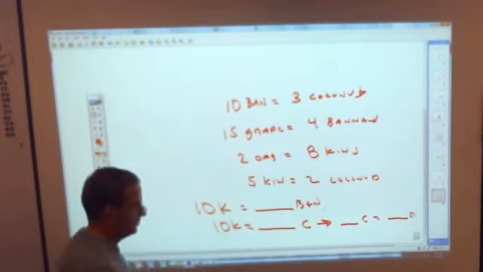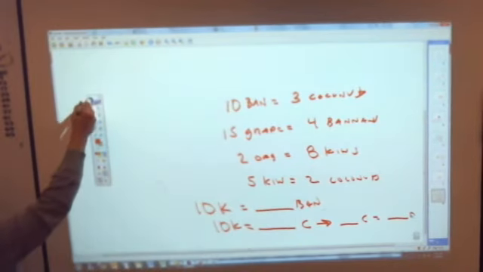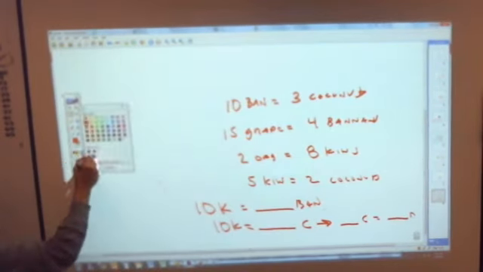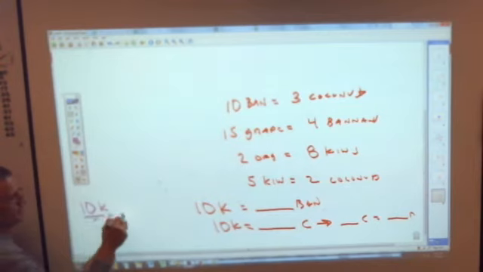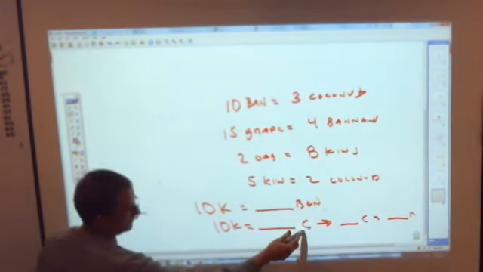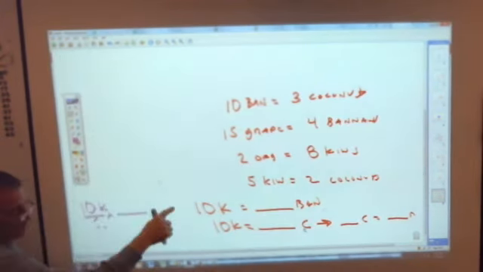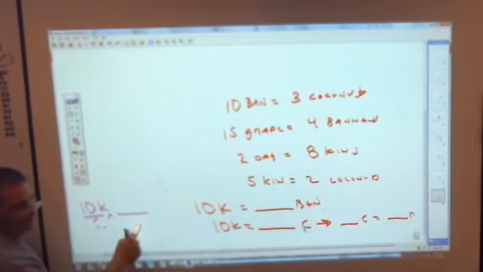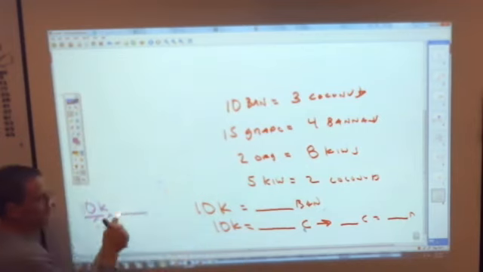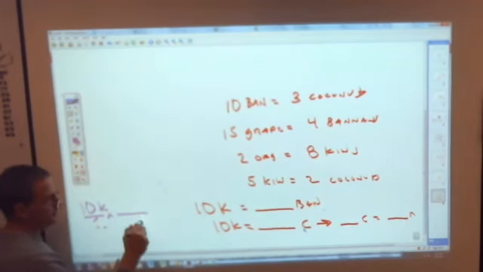So here's how it would look unit multiplier wise. Let's do this. So I start with my 10 kiwis. I put it over 1. I'm changing it into what? Coconuts. So what's my unit multiplier ratio? Right here. What has to go on the bottom? I'm getting rid of my kiwis, so kiwis have to go on the bottom.